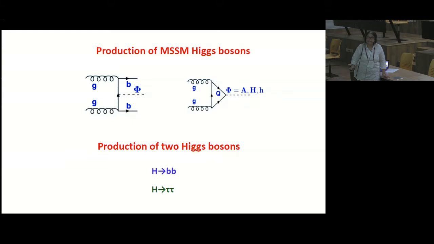So of course, BB is much more, and the WW follows, but it is more difficult to detect these modes, because the BB has got a huge background and so does the WW. In that sense, tau tau is very unique, because once we have invested time and methods into finding the tau properly, then the backgrounds really go down, and I can detect this Higgs to tau tau much more easily than the other modes. So that is the importance of this channel.